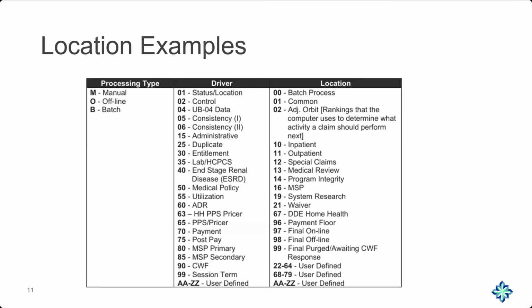And 97 means final online. So in a nutshell, this claim has stopped processing. It's pulled over to the side of the road, or our highway that we were talking about, and it's not going anywhere until some necessary action is taken on it, and it's taken by you, the provider. So that is the status and location for RTP, return to provider claims.